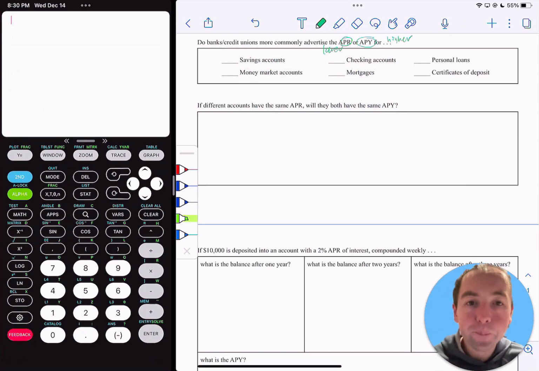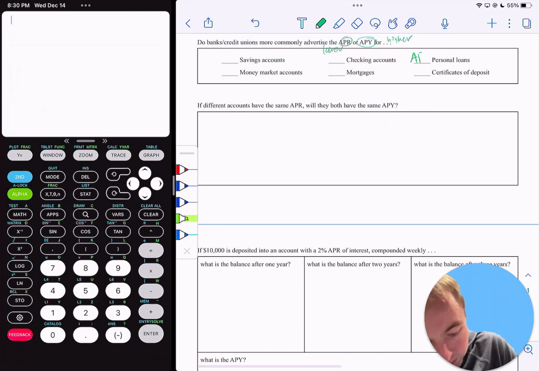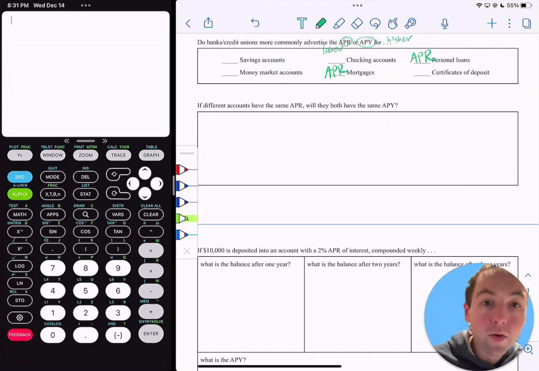And so banks are going to want to advertise the APR, something lower, when they're charging you interest. For things like a personal loan or a mortgage, they're going to advertise the APR and make it look like they're not charging you as much, whereas actually you're going to get charged at the rate of the actual yield.